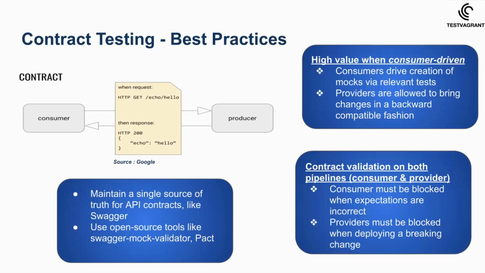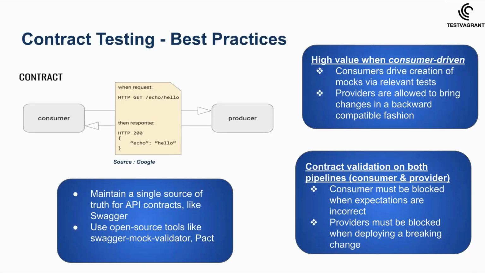Next important aspect of contract testing is validation on the pipelines, right? So contract testing should be done on both consumer side and provider side. The consumers' pipeline should fail when they are expecting something which is not provided by the producer. Let's say there was a typo in the field that they're expecting.